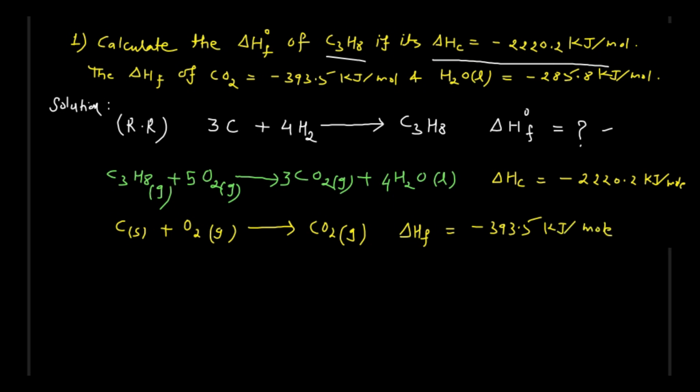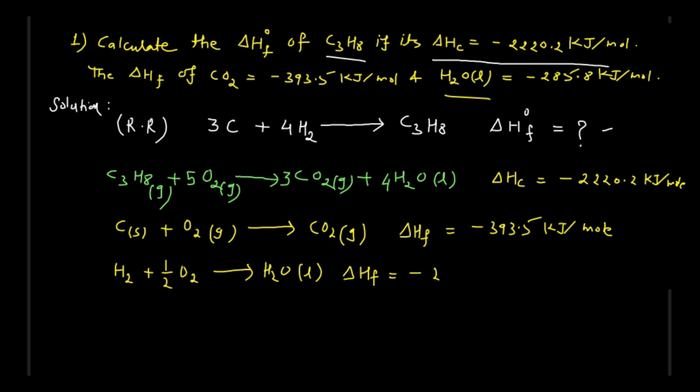And next is the water molecule. How can we form this water molecule? The third reaction, you write H2 plus half O2, and this will form H2O in the liquid form, and delta HF is given for this reaction as well.